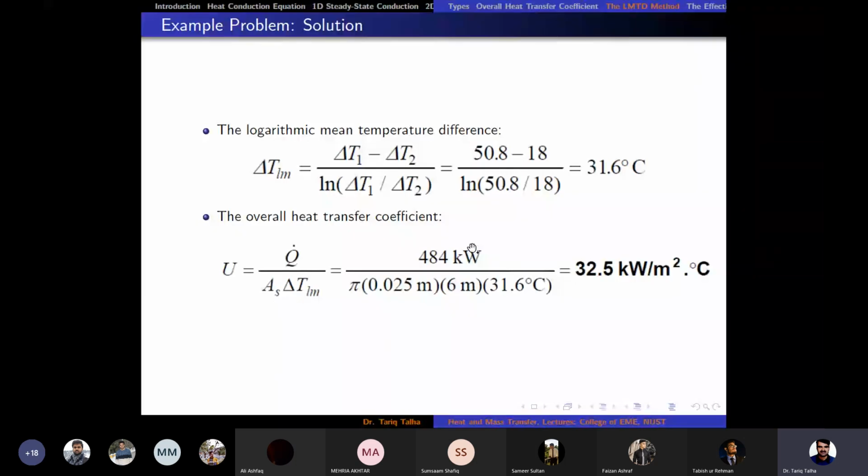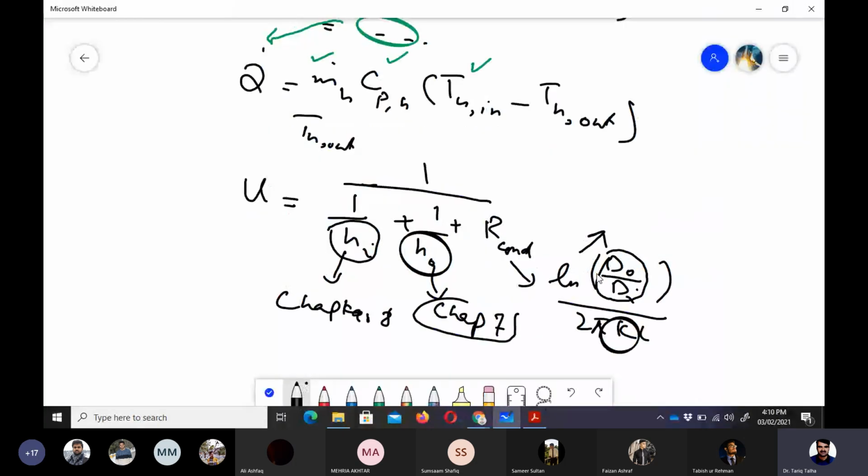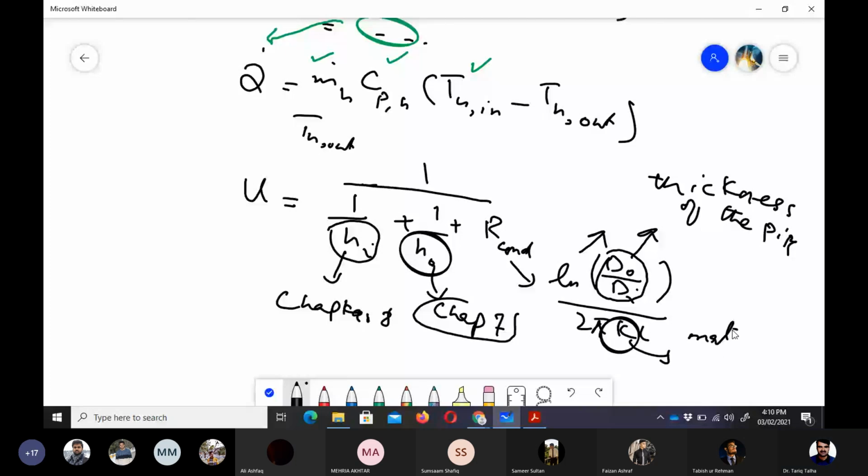The calculation of the overall heat transfer coefficient is quite straightforward. We can do it very easily, in 10 minutes time. But when we design an actual heat exchanger, now we need to look at the thickness of the pipe, and then secondly the material of the pipe.